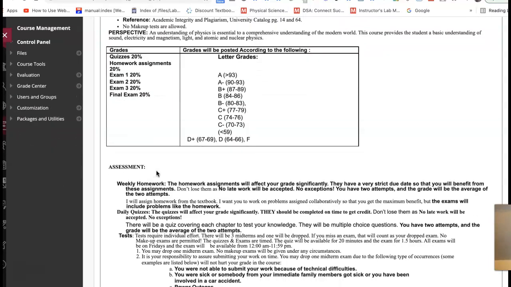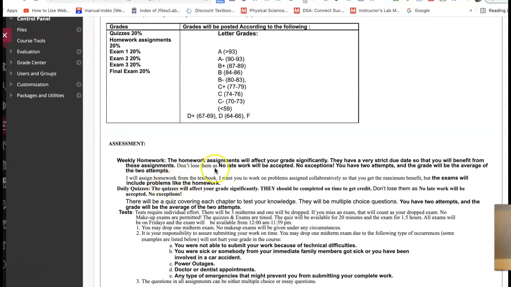For the homework, your grade will be the average of the 2 attempts. So don't open it, get a 0, and then get a 10 on the second one, because your grade is going to be 0 plus 10, which is 10 divided by 2, so 5. If you want to attempt both, work seriously on both.